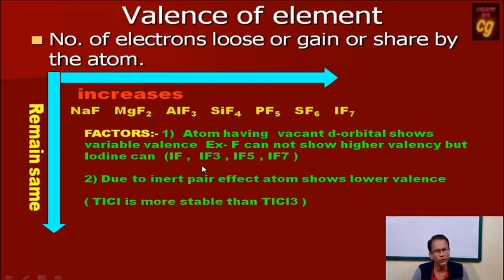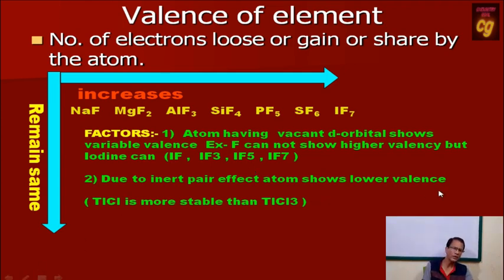Fluorine cannot form FI3, FI5, FI7 because fluorine has no vacant d orbital. Remember, if an atom has vacant orbitals, then it can show more valency and more oxidation states. So these are very important factors regarding valency.